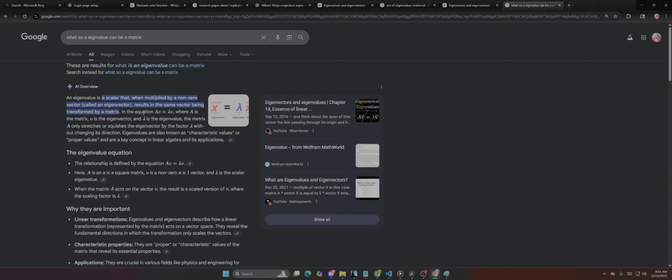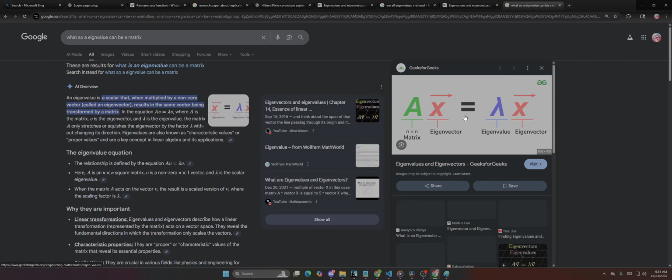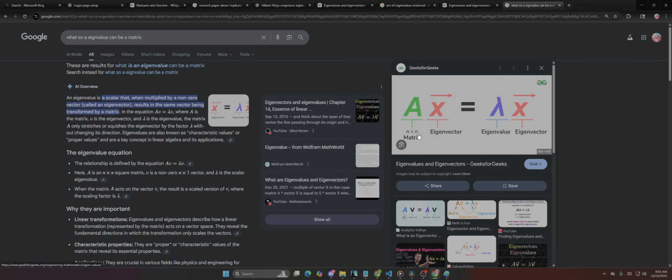A is the matrix, v is the eigenvector. I don't get it.